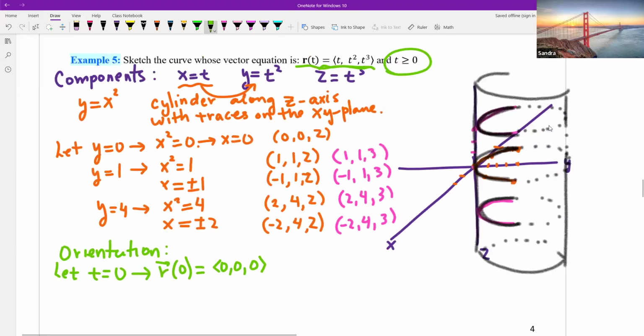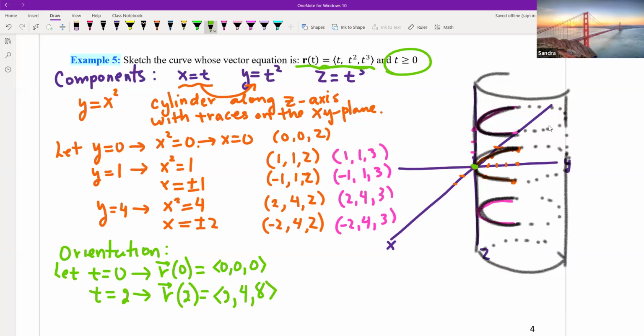Okay, we're going to let t be equal to 2. And so then that will give me 2, that will give me 4, that will give me 8. So I am starting here at 0, 0, and then I'm going to go all the way to 2, 4, and 8.